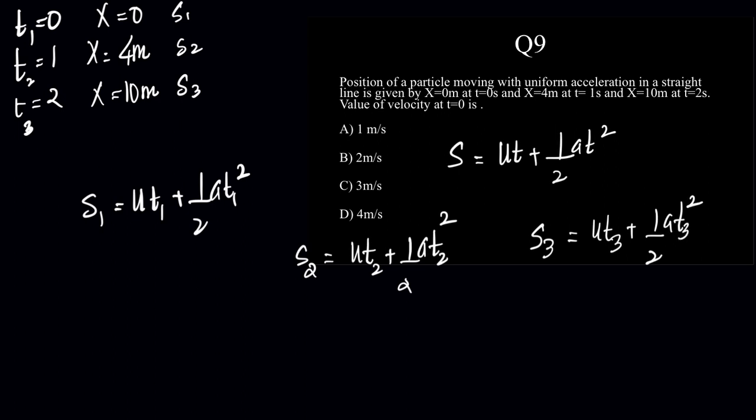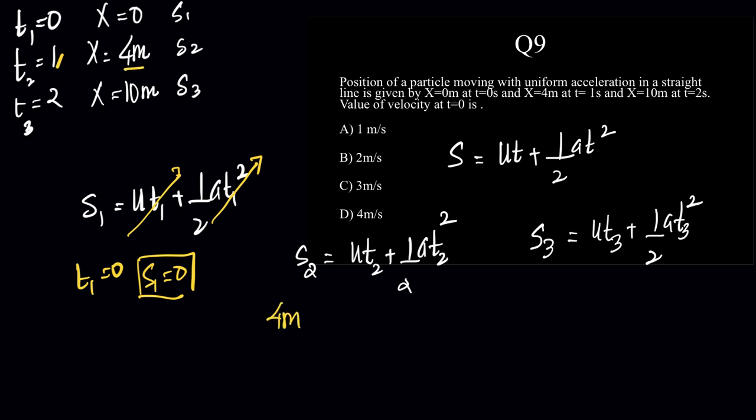As we know that t1 is equal to 0, this term will become 0, this term will also become 0, and therefore s1 is also 0. That's given in the question. But t2 is 1 second. So here s2 is given to be 4 meters.